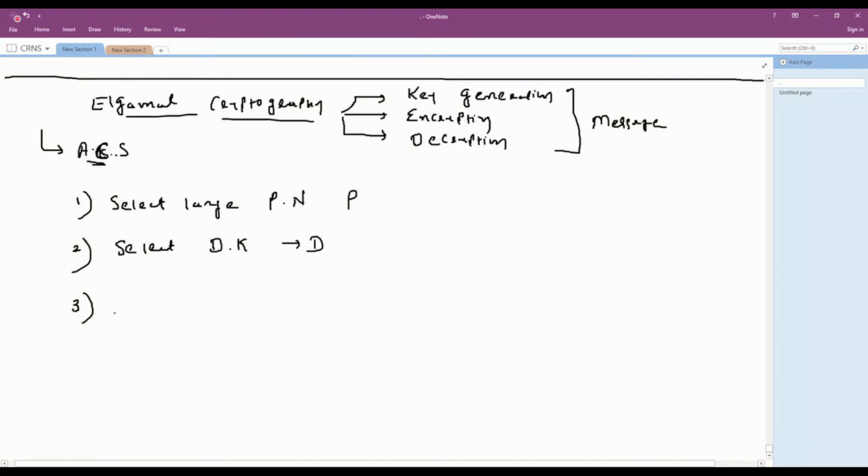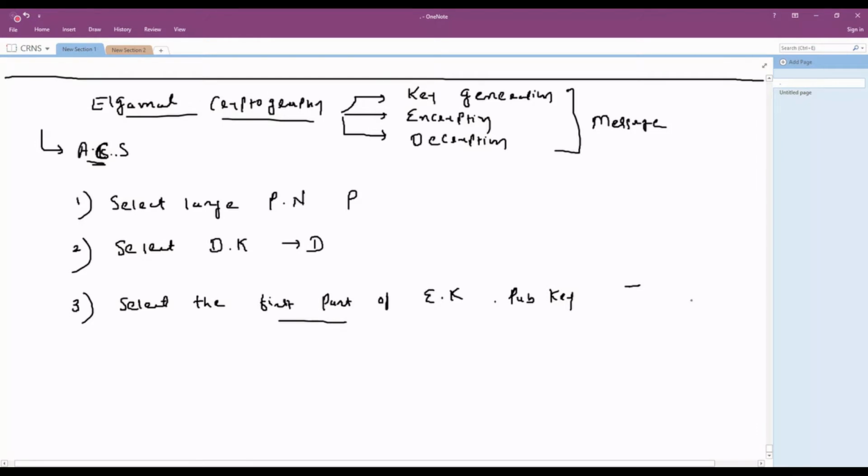Okay, third, you need to select the first part of encryption key. I'm writing in short EK, that is encryption key, or public key. Okay, which I am, see, first part I have written over here.